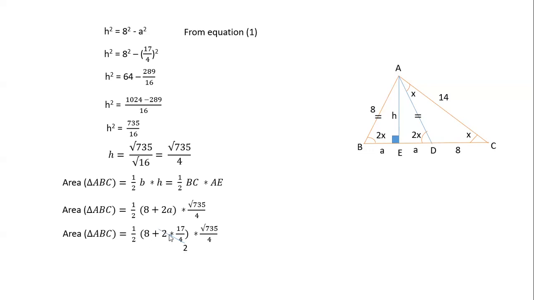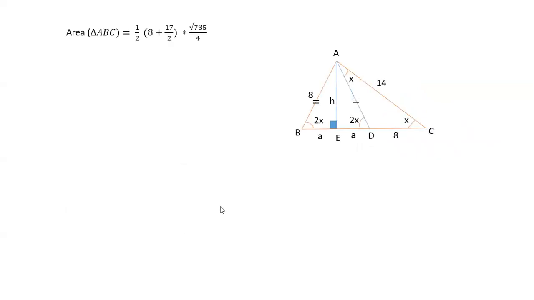So 8 plus 17 upon 2, into root 735 upon 4. Let's take the LCM here again. 8 is 16 upon 2, so 16 plus 17 is 33. So 1 upon 2 into 33 upon 2 into root 735 upon 4.